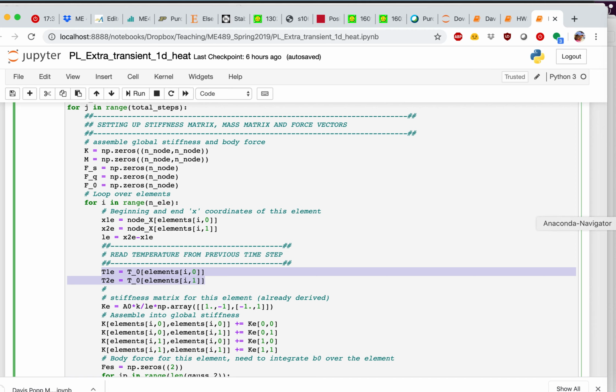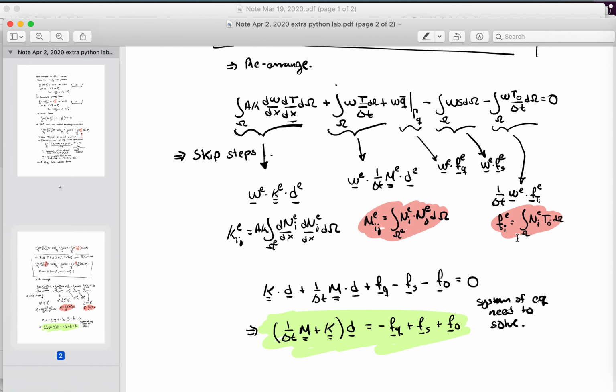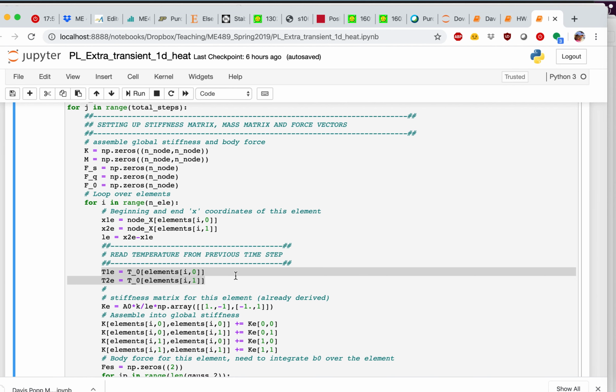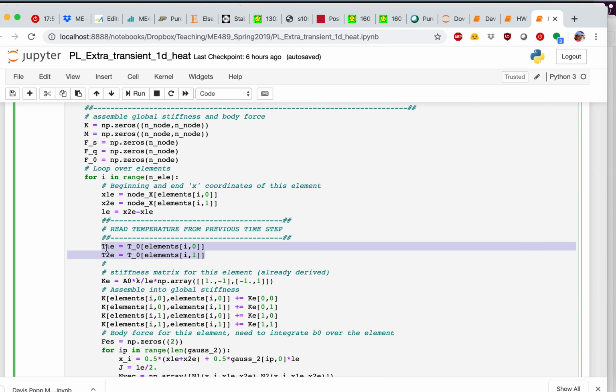I need this because it will go into this force vector right here, so that when I finish solving these equations, I get the temperature at the next time step. Then this D will become the previous time step, so it will become T naught. So I need to read the temperature from the previous time step.